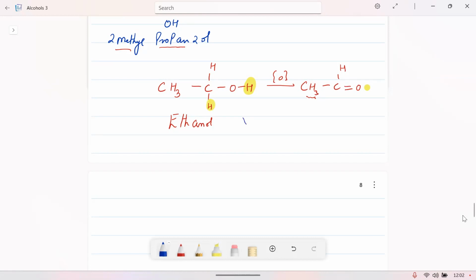So when it changes from here to here, there is a removal of 2 H atoms.